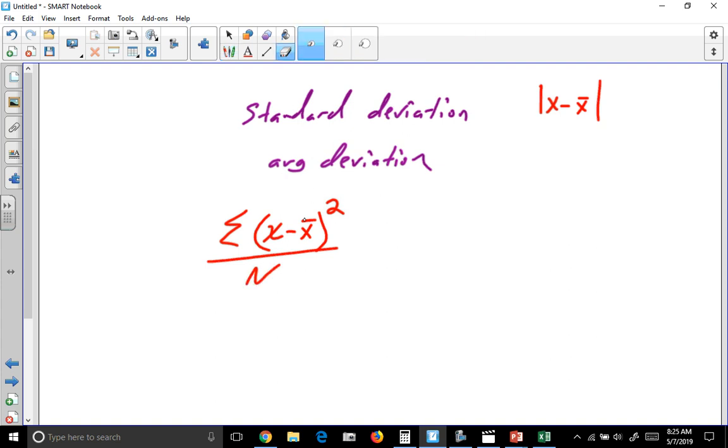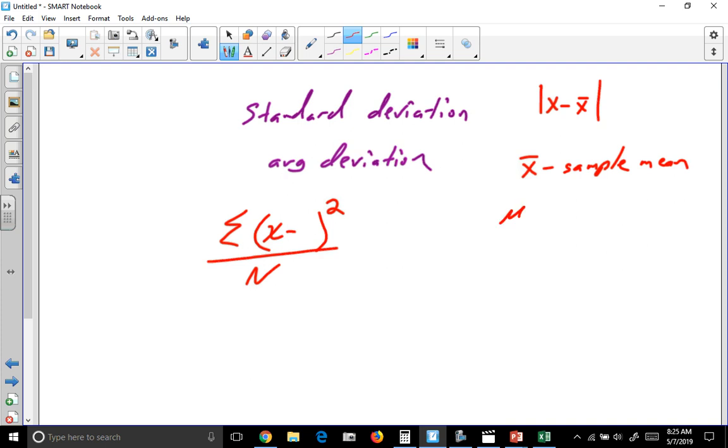And I'm going to change letters here. When we're talking about a sample average, remember the average of a sample, or the mean of a sample, we use x bar. But if we're dealing with the mean of a population, we use mu. So let's do this in terms of the population.